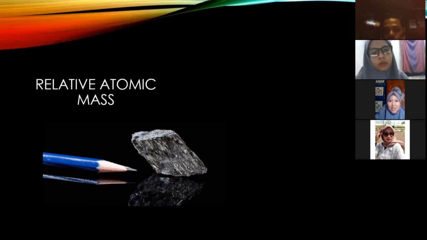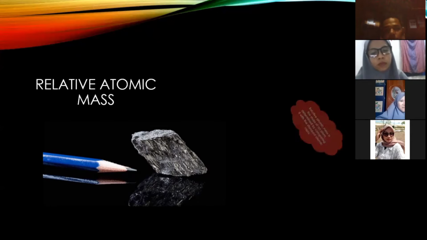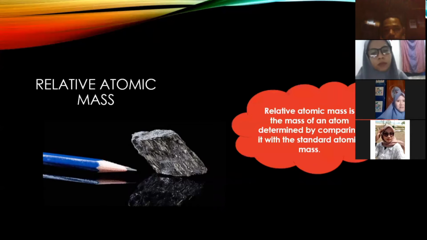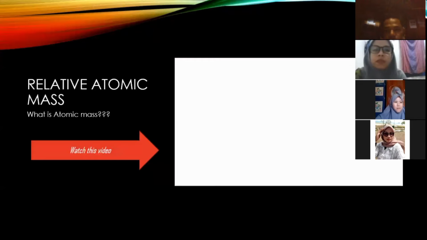The atomic symbol is C. Okay, good, Angelina. Thank you. Relative atomic mass is the mass of an atom determined by comparing it with the standard atomic mass.